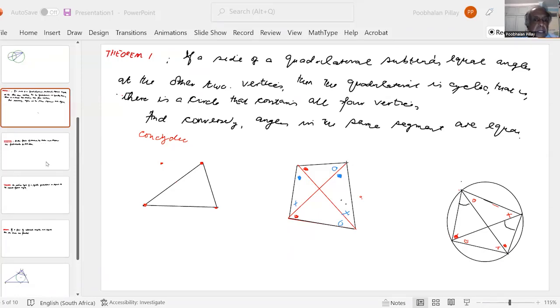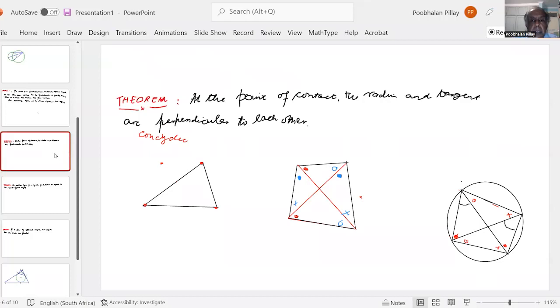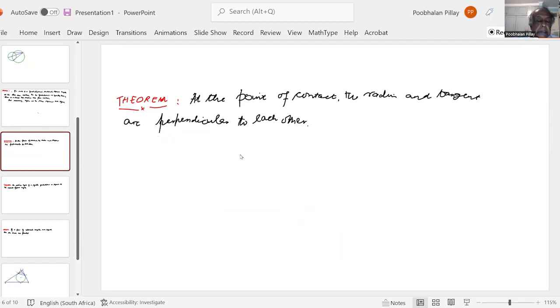Okay, now if you go on to the next theorem, this theorem says that if you've got a tangent to a circle, then at the point of contact, there's only one point where the tangent contacts the circle.